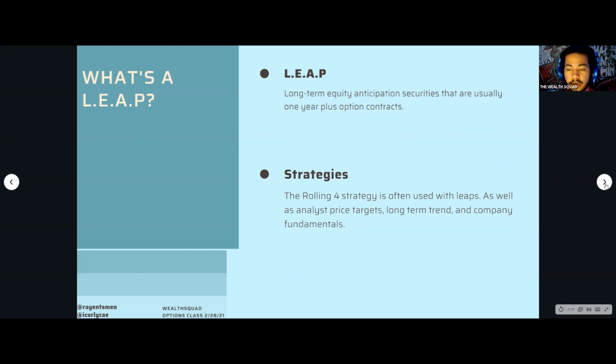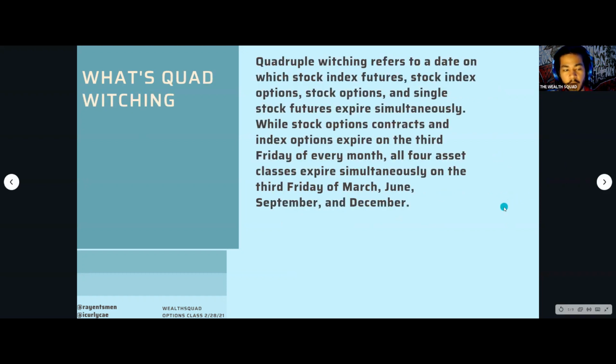All right. Also, what's quad witching? Because quad witching is coming up. Quad witching is going to be March 19th. I believe it's the third Friday of, yeah, March 19th. So quadruple witching refers to a day on which stock index futures, stock index options, stock options, and single stock futures expire simultaneously.